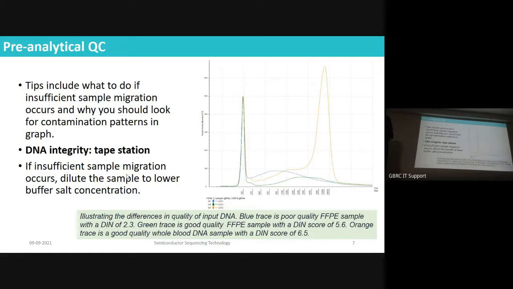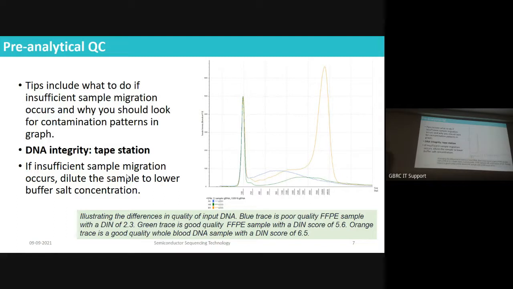The green trace is a sample with a 5.6 score, and the orange is a good quality DNA, which has a DIN score of around 6.5. So these are the various methods: electrophoresis, fluorometric, or a combination of both.